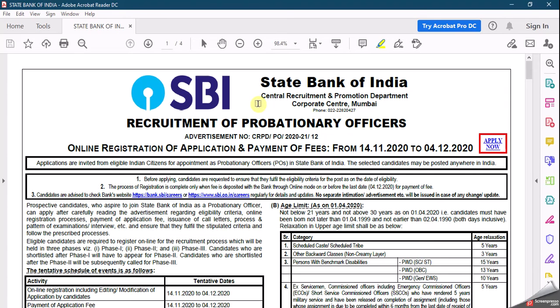Today we are going to discuss a very important job update, and this job update is related to the banking sector. As you can see on your screen, State Bank of India has recently come up with its probationary officers recruitment advertisement.